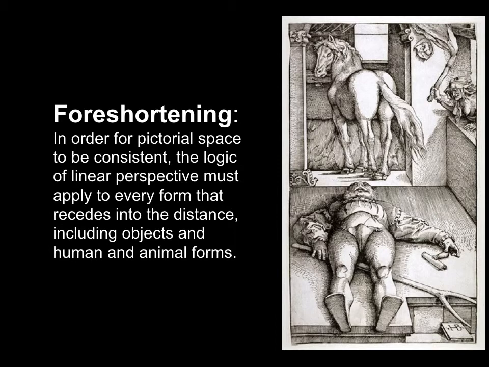So you can see there's something not quite right about this piece, right? If we stretch that guy out, he'd have pretty strange looking short little legs, and that horse would be pretty squat, right? So this was before they had quite mastered foreshortening.